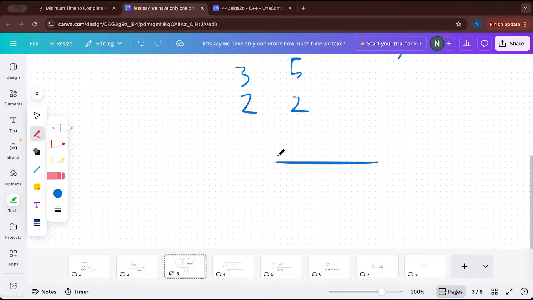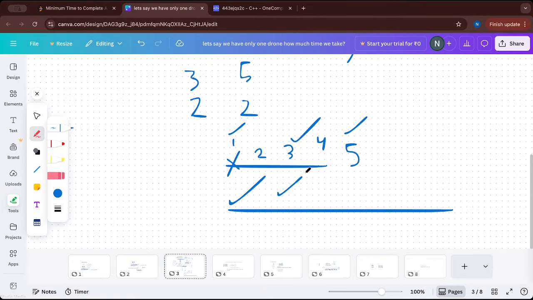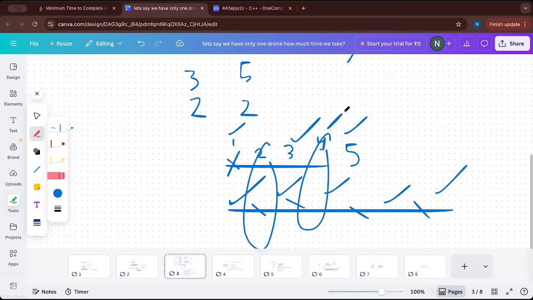The first one will recharge at 2 and 4 and deliver at 1, 3, 5. Coming to the second one, it is the same: it will deliver at 1 3 5 7 9 and recharge at 2 4 6 8. So now the maximum of these both will not be the answer, because at the same time both have to recharge. Even when one is recharging, the other cannot deliver.